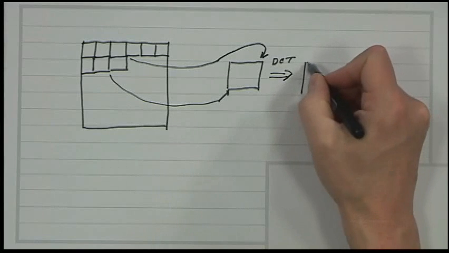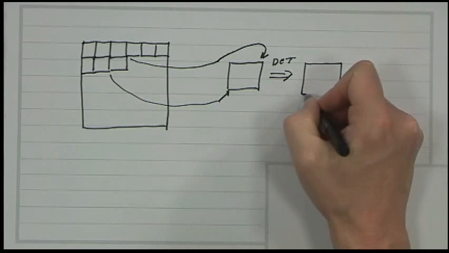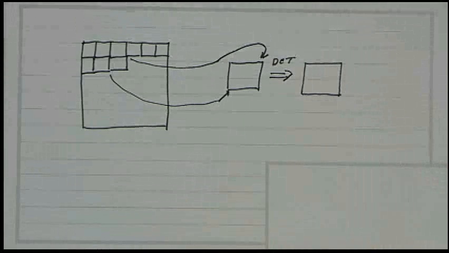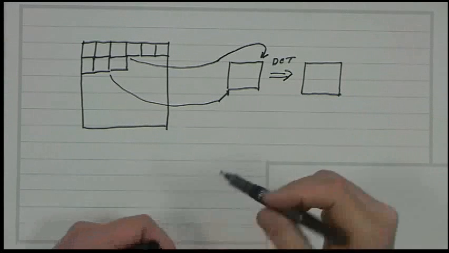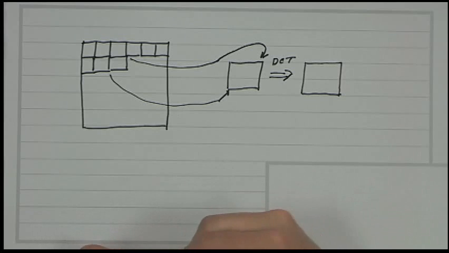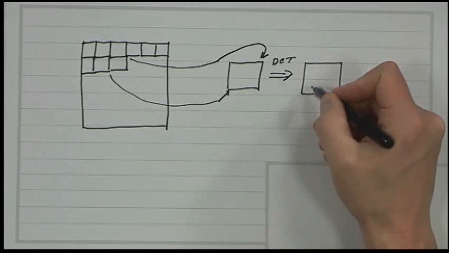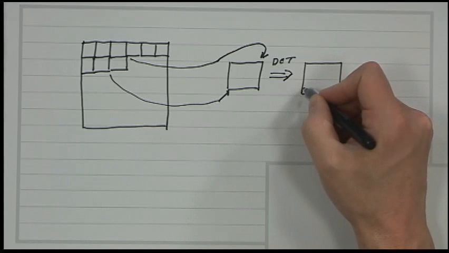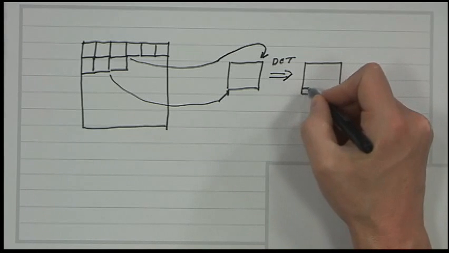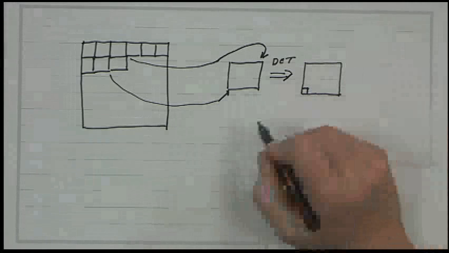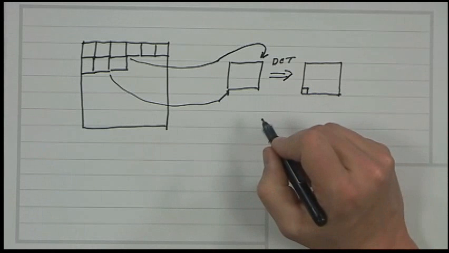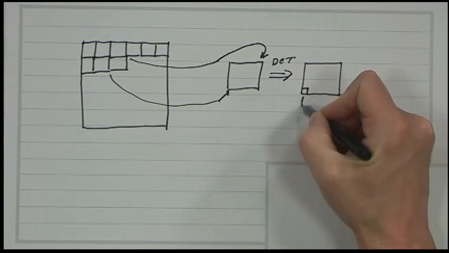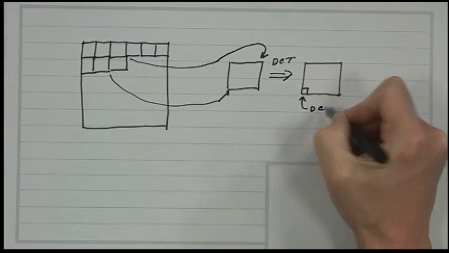Then you get an array of coefficients. There are different ways you could organize the DCT, but let's just assume that this pixel here is 0, 0. That's the 0, 0 pixel, so this is the DC coefficient, right?